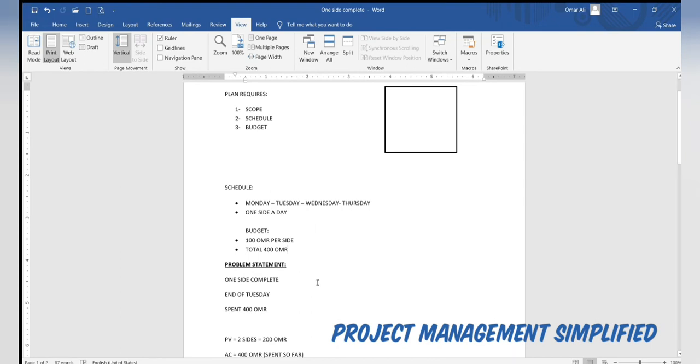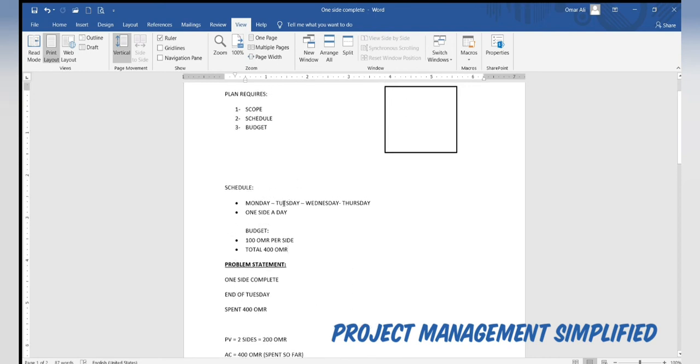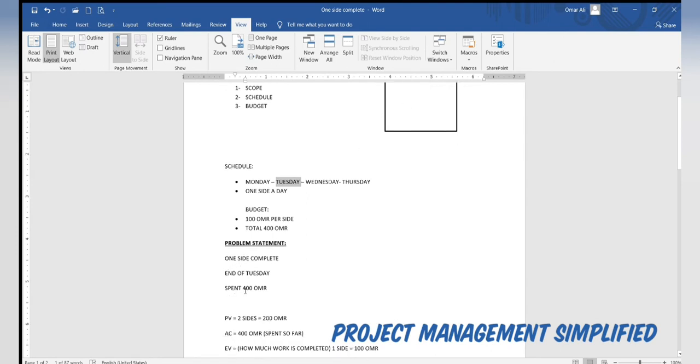Okay, so now the problem statement says that at the end of Tuesday, which is the second day, 1 side is complete, and we have spent the 400 Omani reals. So let's see what happened in this project.